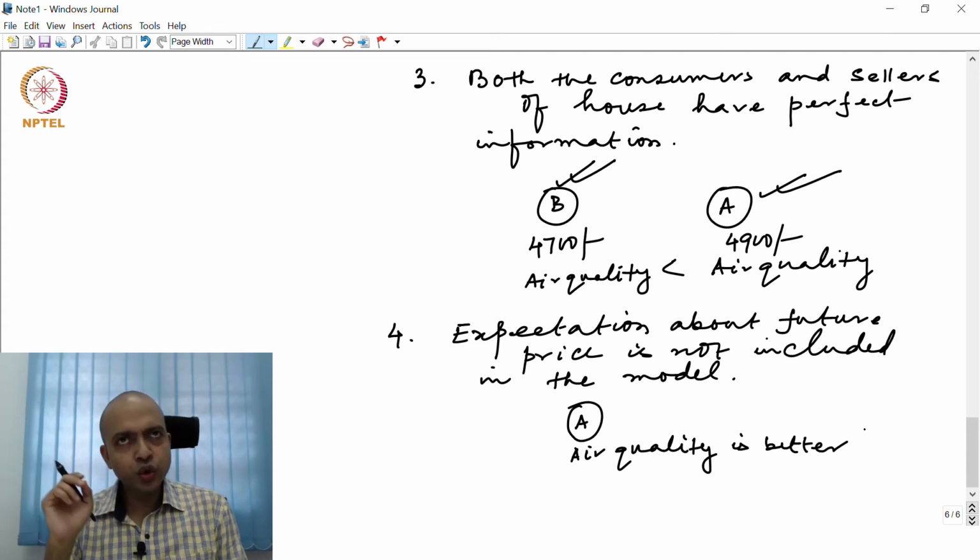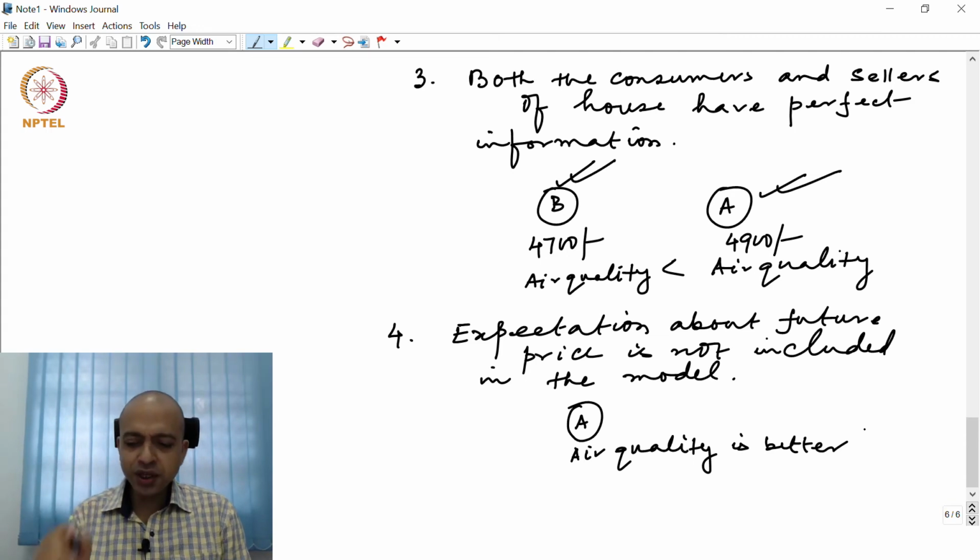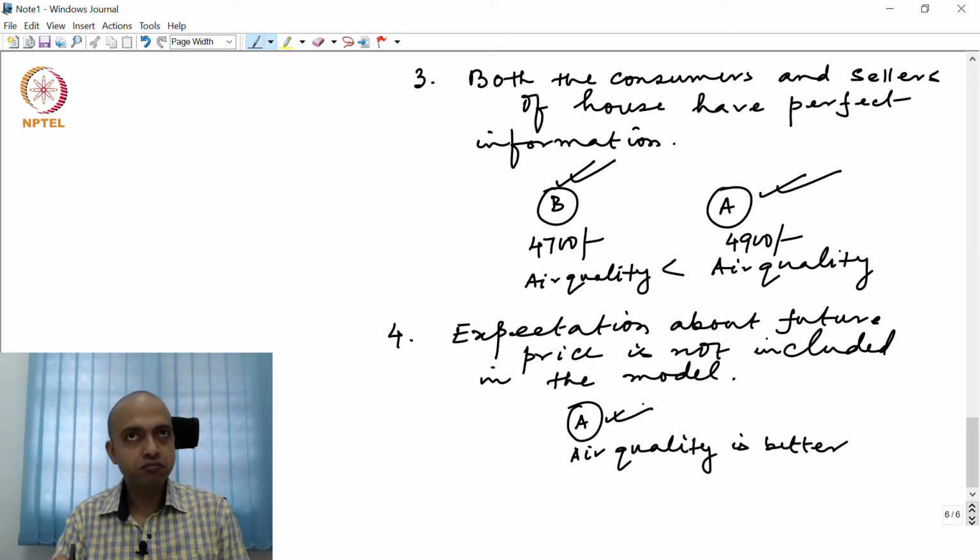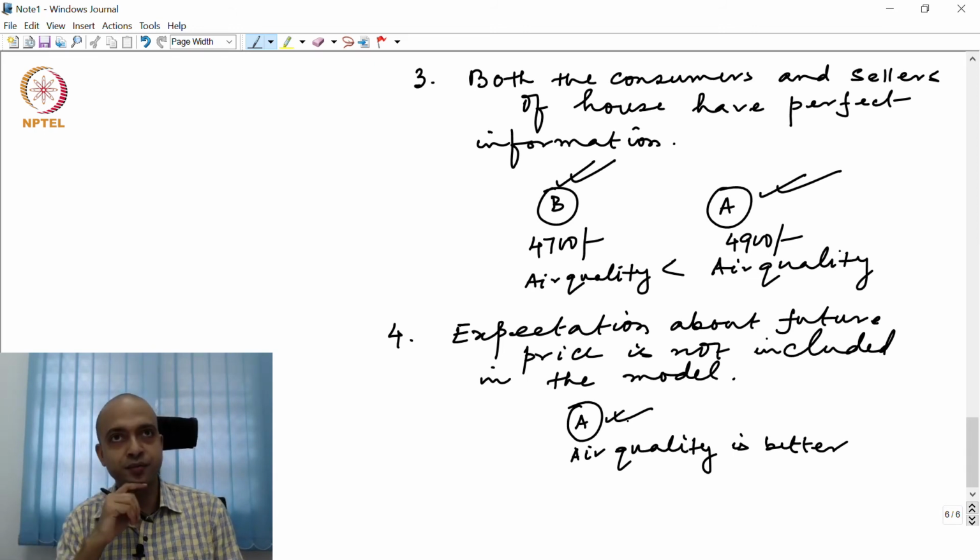Consumers might be thinking that 10 or 15 years down the line, this particular location might be full of IT hubs, industry hubs, or something else, for which there will be a boom in housing price.